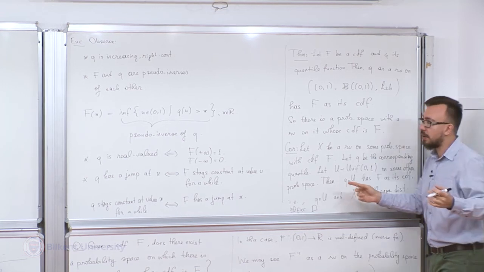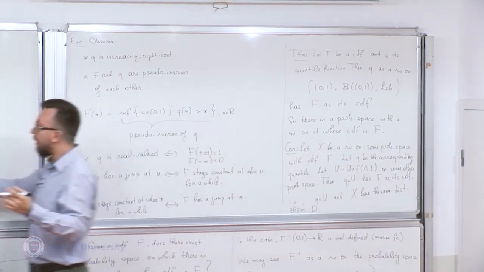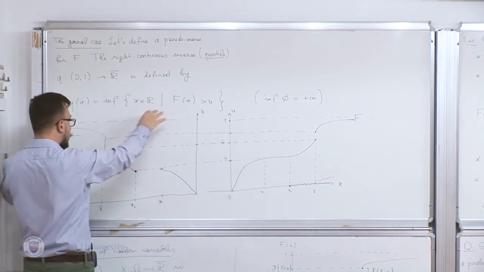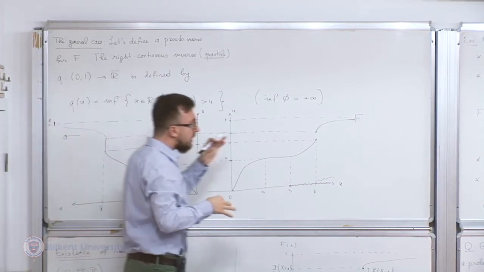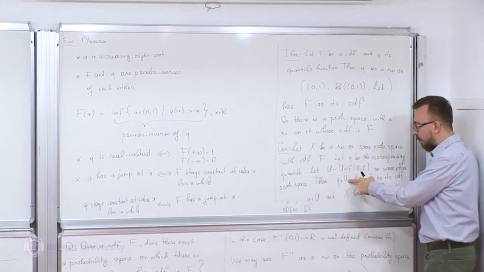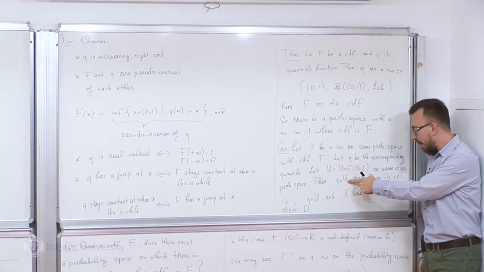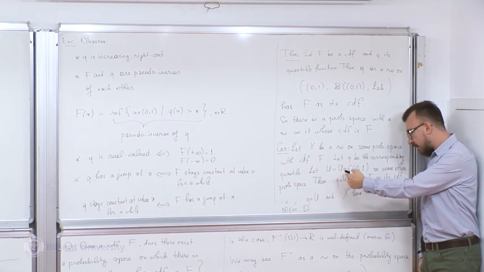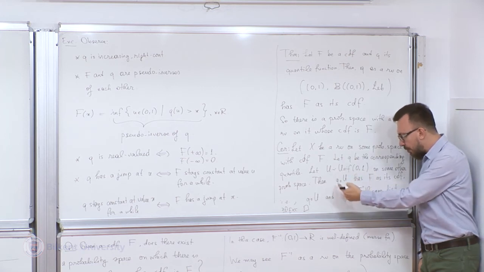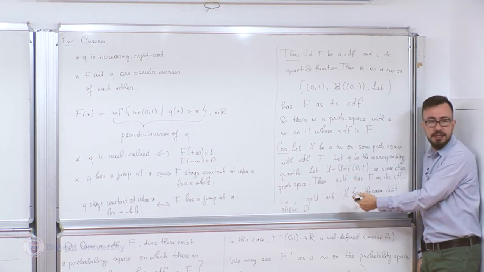Let's say you calculated this quantile function in a concrete manner. You have the CDF, and you calculate this for every u. Now you have a formula for Q. Just apply this formula for Q to your uniformly distributed random variable. Then this is going to have F as its CDF. In other words, Q of U is going to have the same distribution as X.